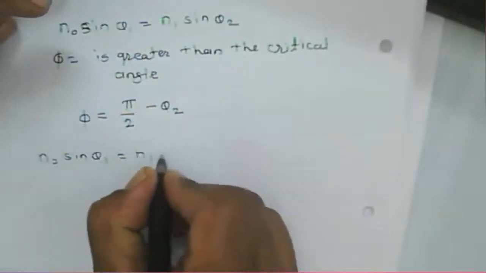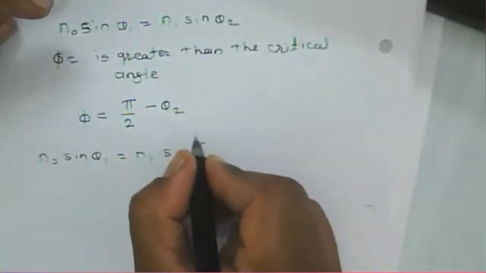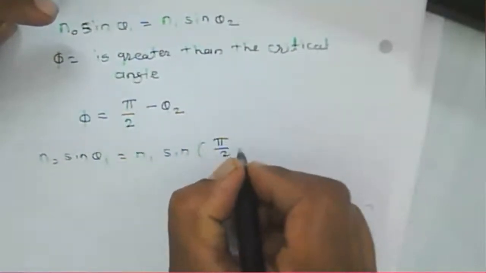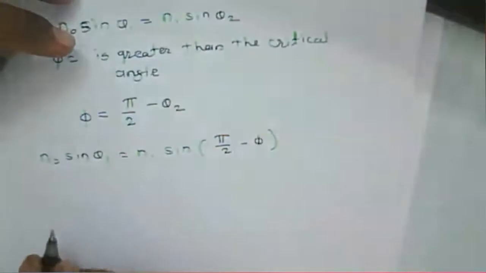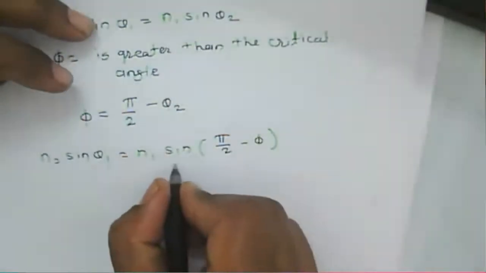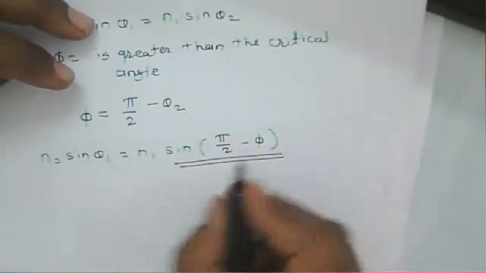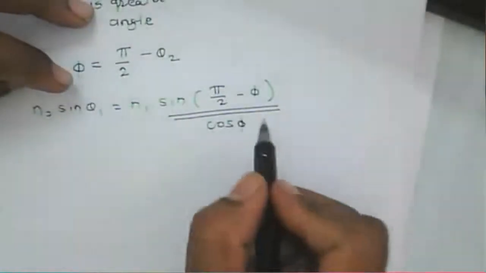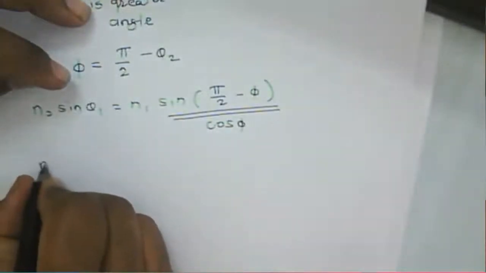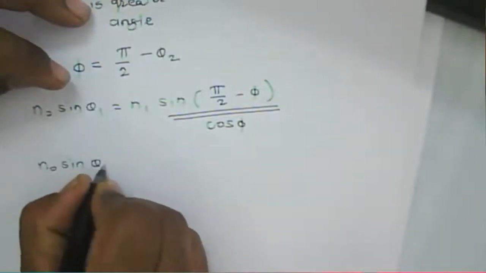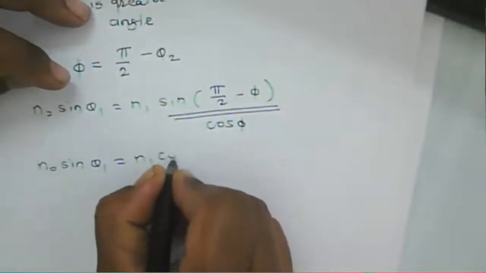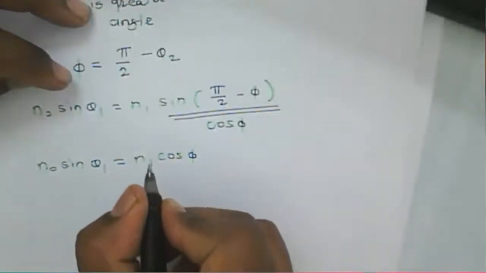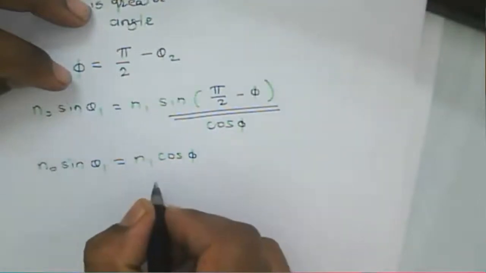So n0 sine theta 1 is equal to n1 sine of pi by 2 minus phi. Sine of pi by 2 minus phi is nothing but cos phi, so we can rewrite the equation as n0 sine theta 1 is equal to n1 cos phi.